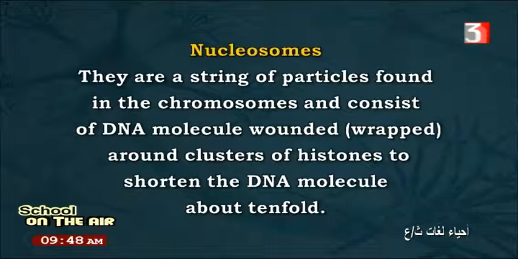What are nucleosomes? Nucleosomes are a string of particles found in the chromosomes and consist of a DNA molecule wound or wrapped around the clusters of histones to shorten the DNA molecule about 10-fold. Okay, now what is the DNA?